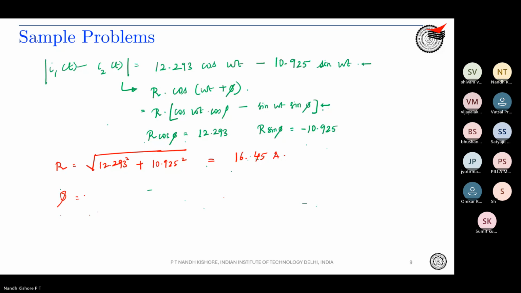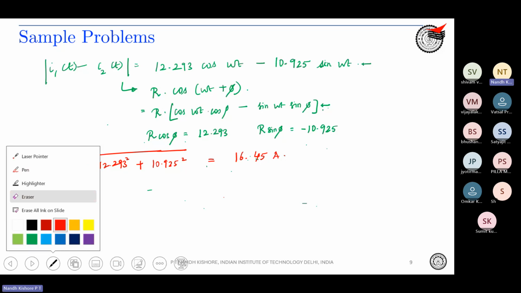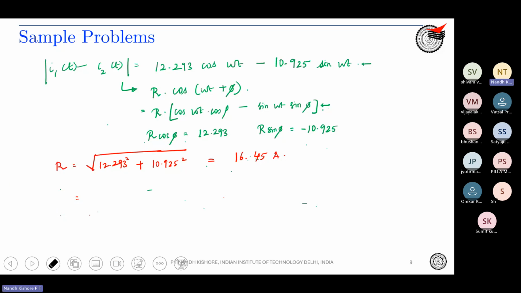And what about the phase angle? Let me take a different notation over here. My phase angle theta will be tan inverse of the sine part divided by cos part, that is minus 10.925 divided by 12.293, right?